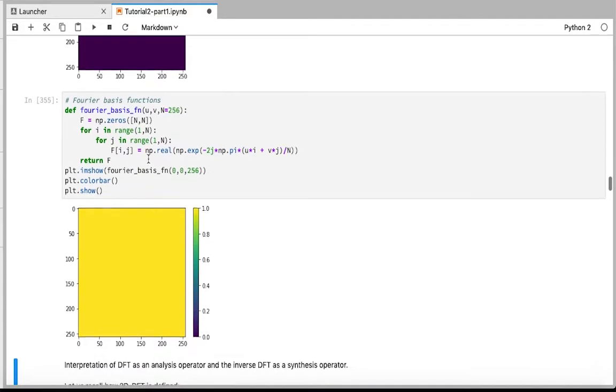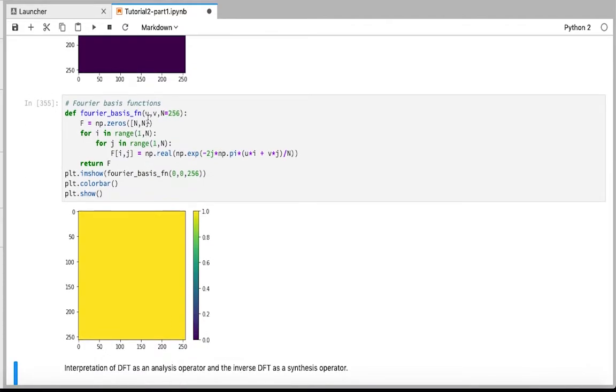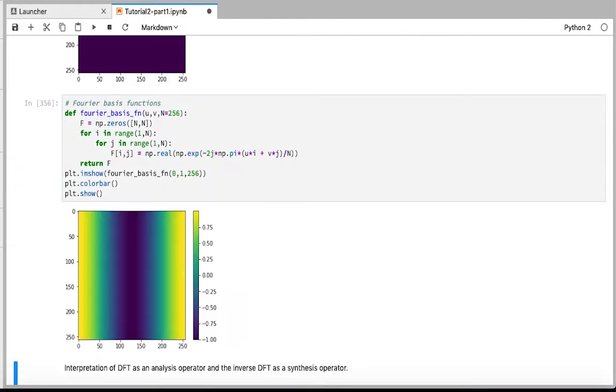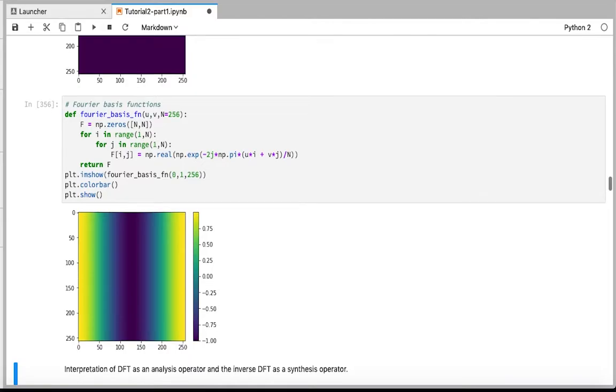So when we have 0 and 0, we end up with a constant, which we call DC. If you have 0 and 1, you get a filter which has a frequency along x and no frequency along y, right?